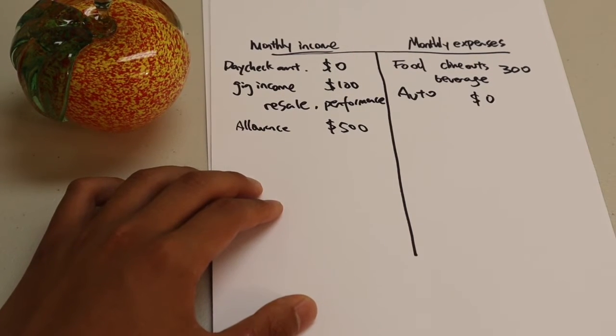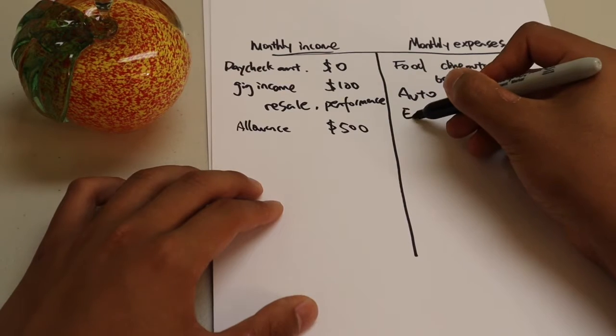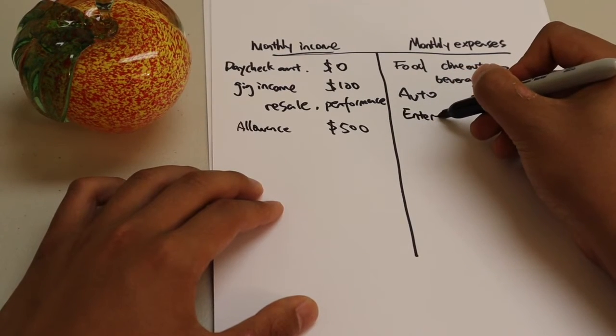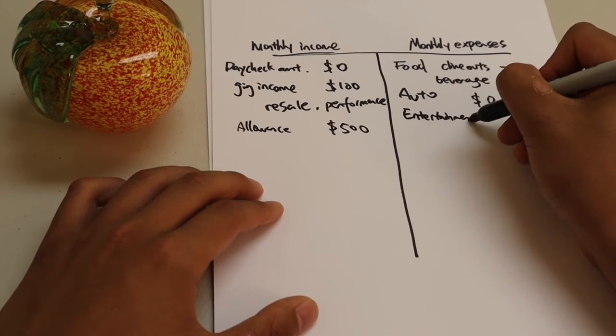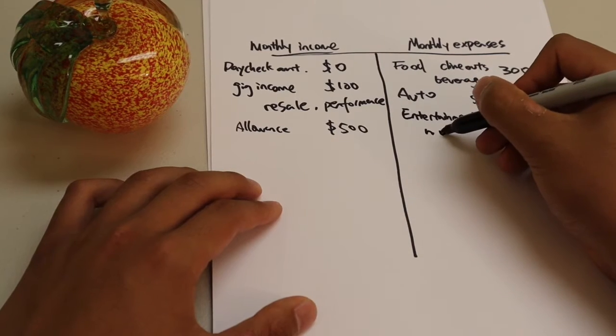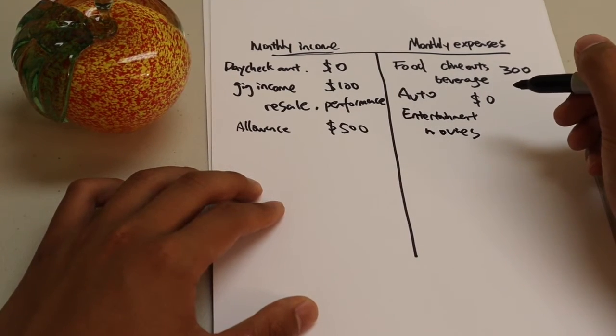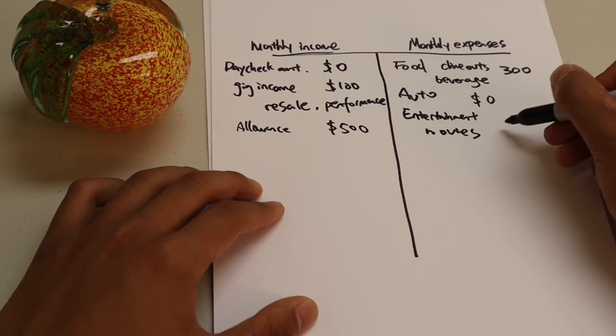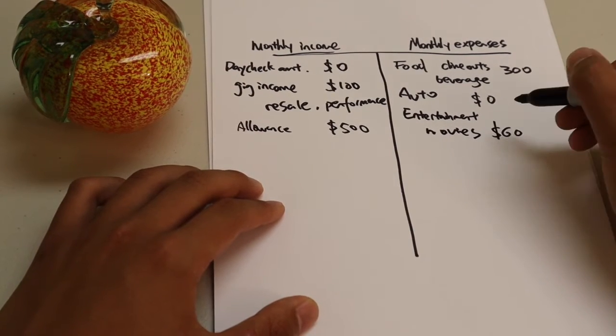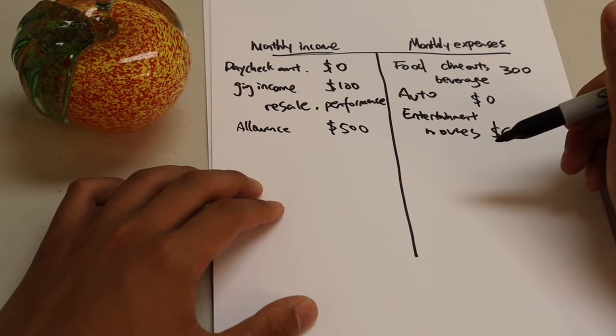Then there is entertainment, like movies. I go to the cinema at least twice a month, so that costs me around $60 for the movie tickets and popcorn.